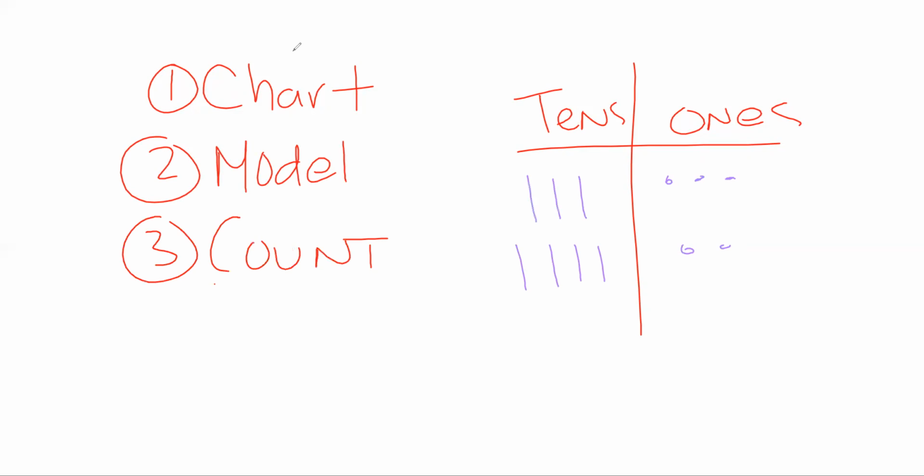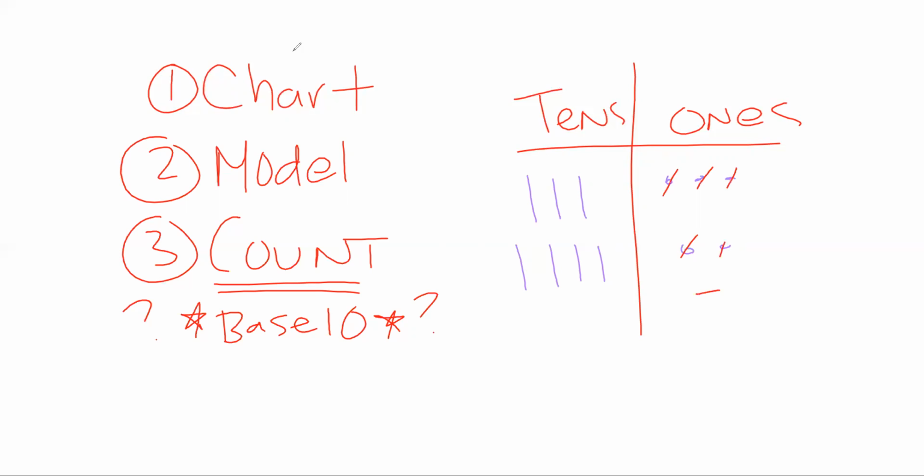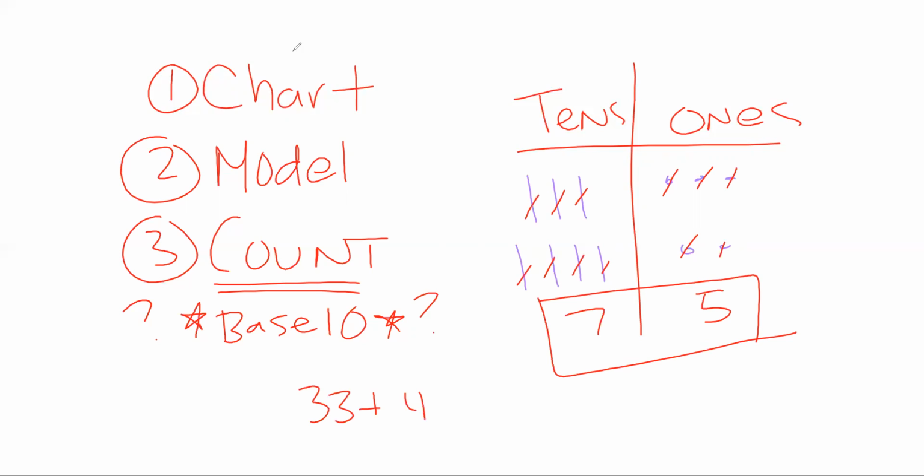And remember, as you count, you may have to think about base 10. You may have to think about, is there a group of 10 here? And if there isn't, you're fine. If there is, then make that 10 and move it over. So again, I'm just going to count 1, 2, 3, 4, 5, 10, 1, 2, 3, 4, 5, 6, 7. So it looks like to me, when I took 33 and I added 42, I got 75.